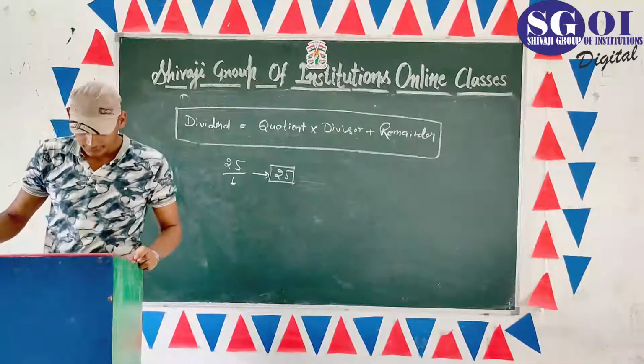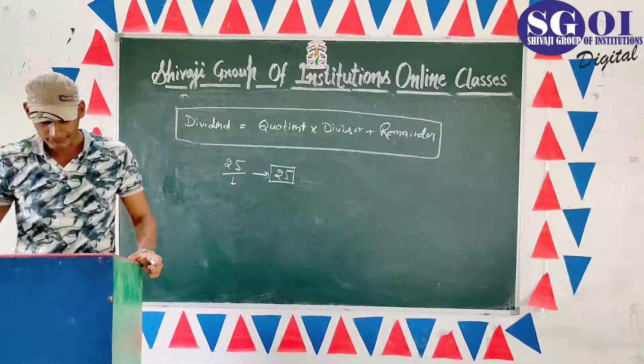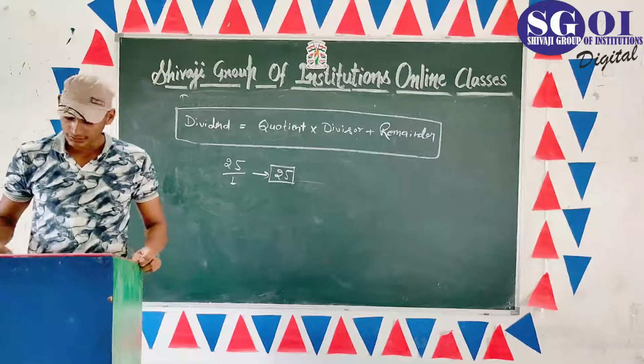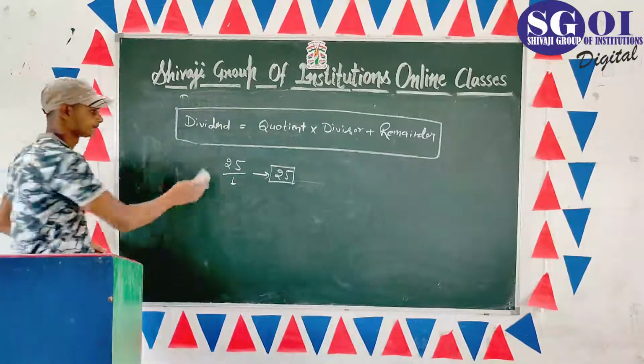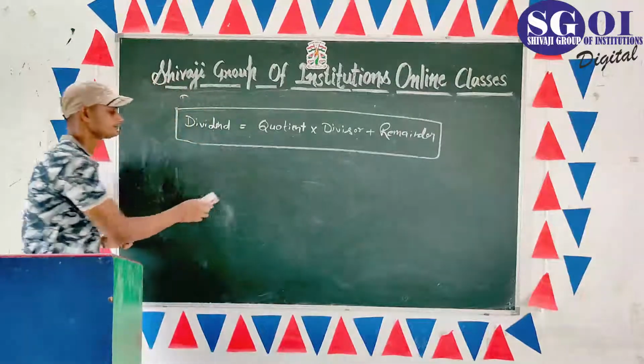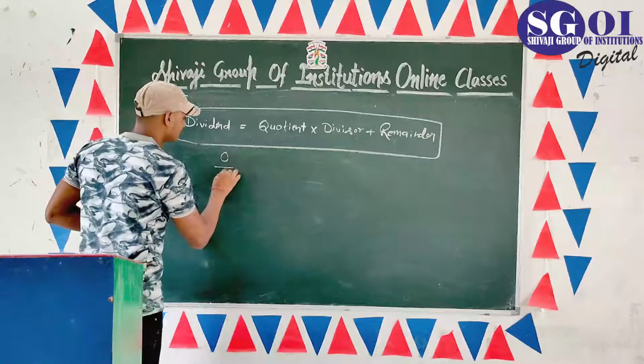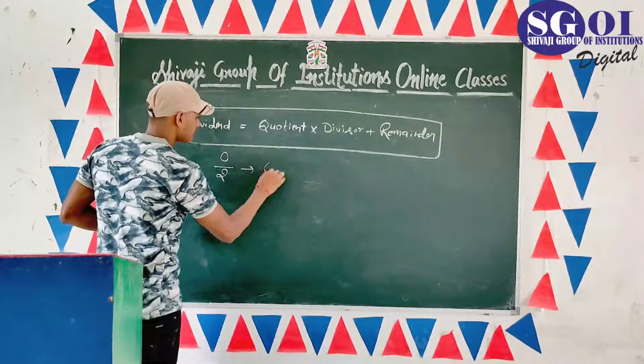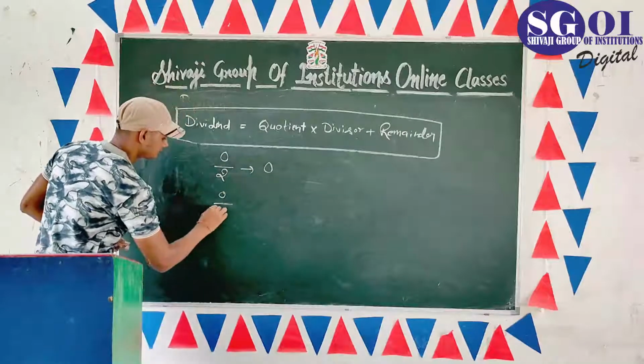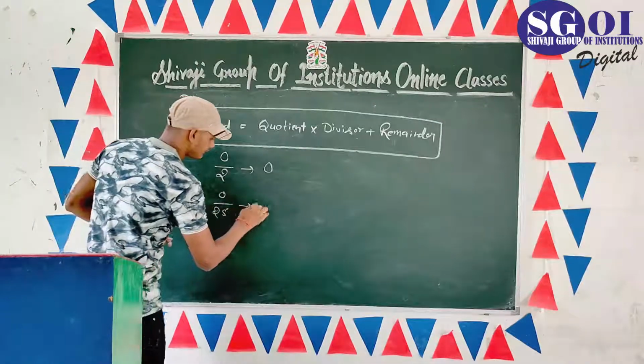Okay students, when 0 is divided by a number except 0, the quotient is 0. Look, when 0 is divided by any number, the quotient is 0.